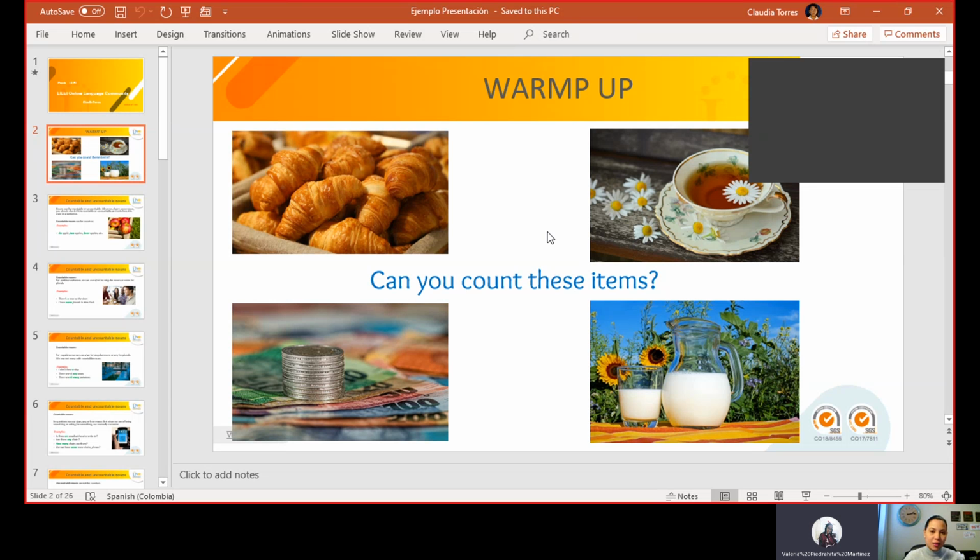Yes, exactly. All of these are uncountable. You can make them countable using quantifiers, but today we're not going to talk about quantifiers. Now I want you to tell me different examples, because this time I want you to tell me about countable nouns.